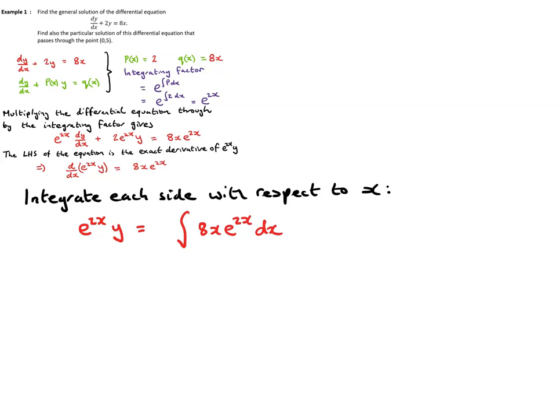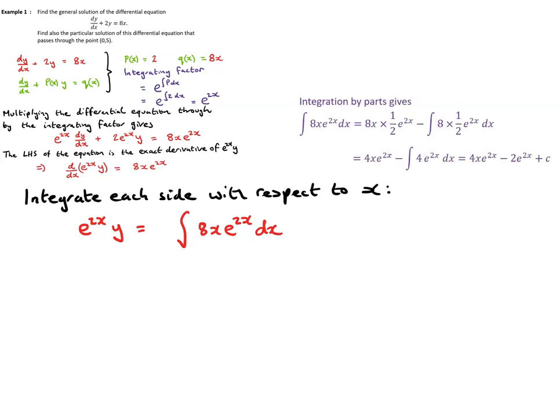Now the integral of 8x e to the 2x dx is going to require integration by parts, and if you go through your integration by parts, you'll obtain the fact that the integral of 8x e to the 2x is 4x e to the 2x minus 2e to the 2x, and at this stage we do need to remember the integration constant plus c.